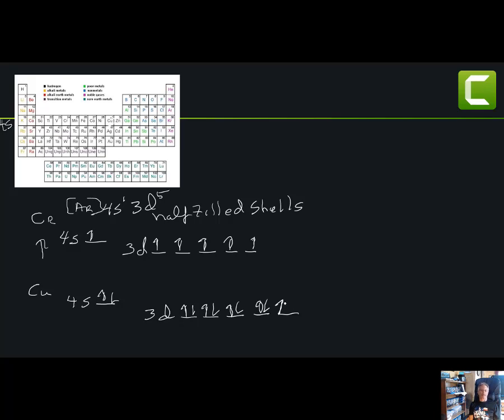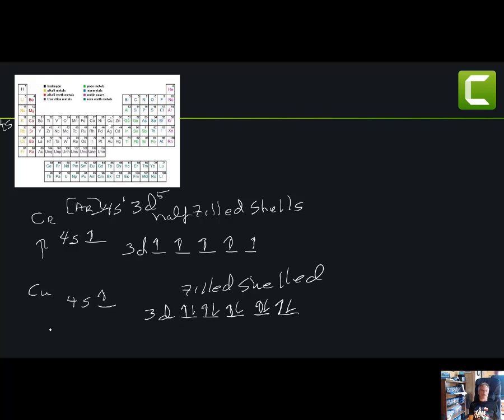And so what's going to happen is the electron that's in this 4s is going to drop in here, spin down. Now I have a filled shell, which we know filled shells are stable, and I have a half-filled 4s.